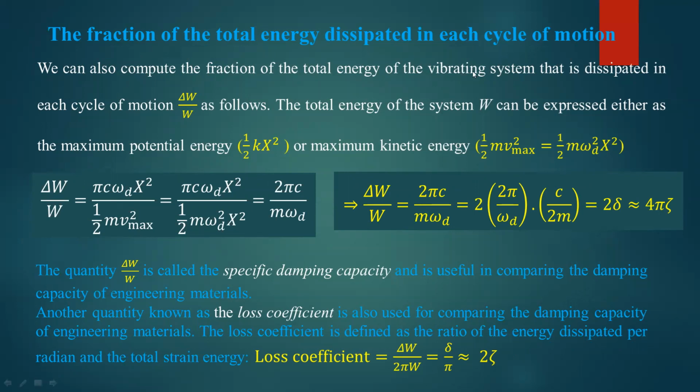The fraction of the total energy in each cycle of motion becomes what? We can observe the fraction, which is delta W over W. For that, the total energy of the system is considered W, which can be expressed either as the maximum potential energy, half kx square, or maximum kinetic energy, half mv square, which is equal to half m omega d square x square, since v max is omega d x.